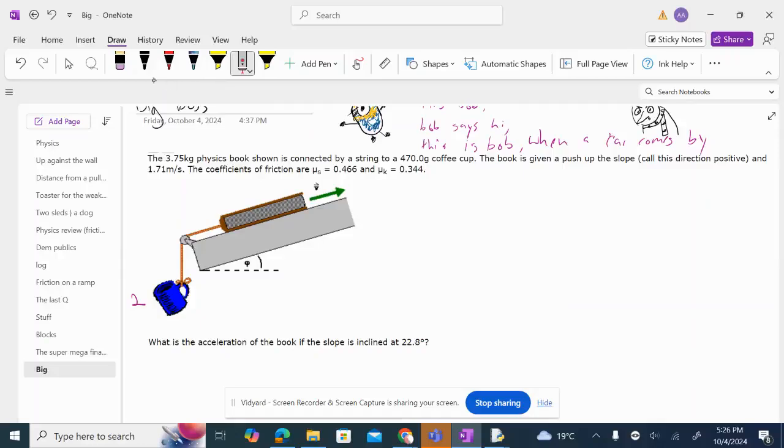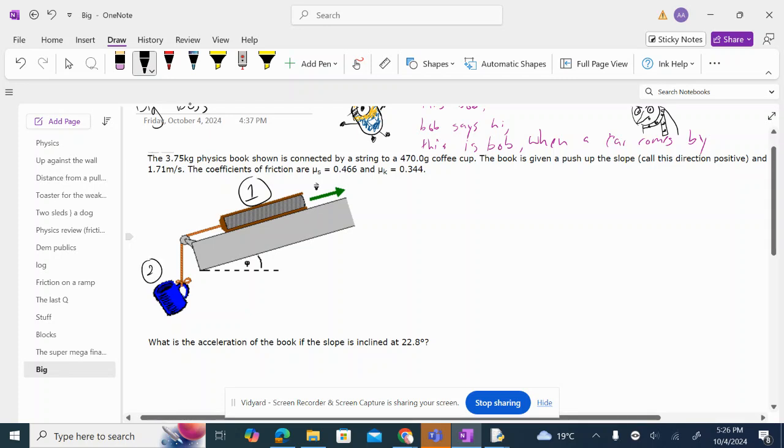Now, I'm going to start off by naming these objects. This is going to be object 1, and this is going to be object 2. Now, let's start off with object 2, because this one is easier. This only has the Fy, the summation of F, which is all the forces, is only going to be in the y direction. So it's just the force of tension right here.